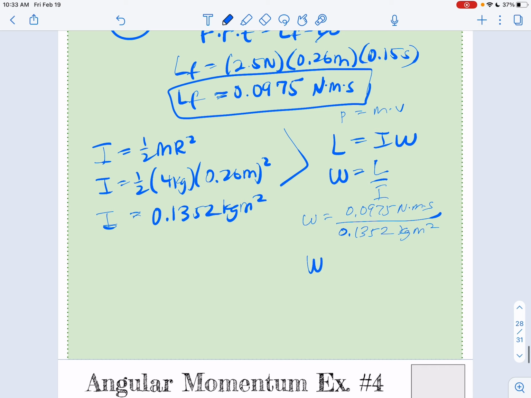So 0.0975 divided by 0.1352 is 0.72, and this will be in radians per second. Because this will be Newton kilogram meter per second squared, that's going to cancel all of those, and I'll just be left with 1 over seconds, which is basically a radian per second.